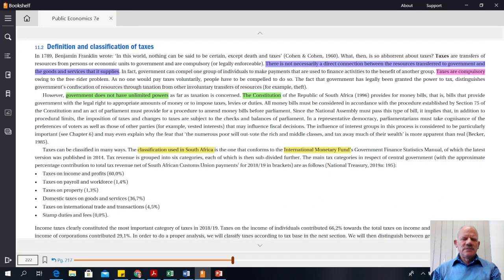So 11.2 is on the definition and the classification of taxes, very important concepts. So the first thing is that there's not necessarily a direct connection between the resources transferred to the government and the goods and services that the government supplies. For example, the other day, my son asked me if we have a carbon tax in South Africa. Yes, we do.